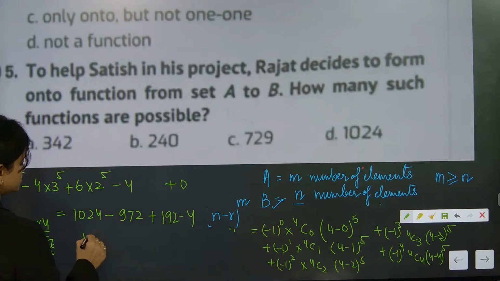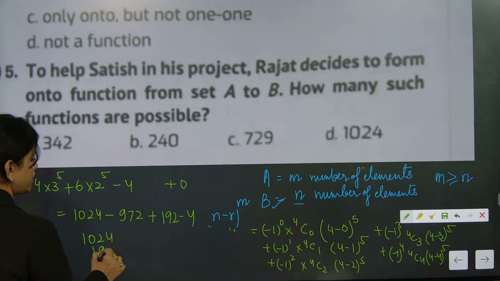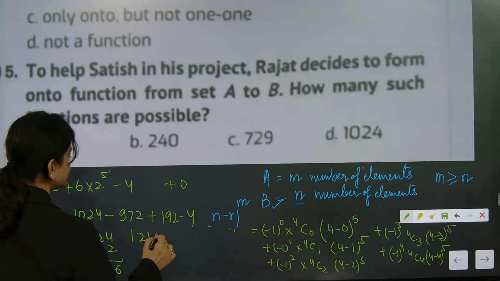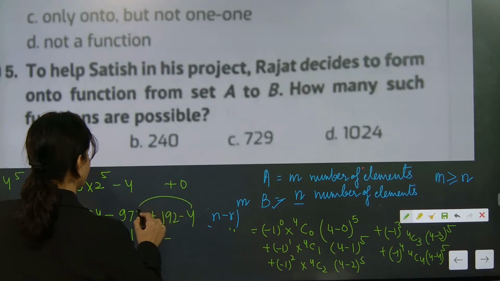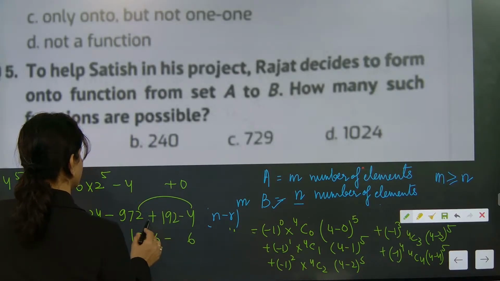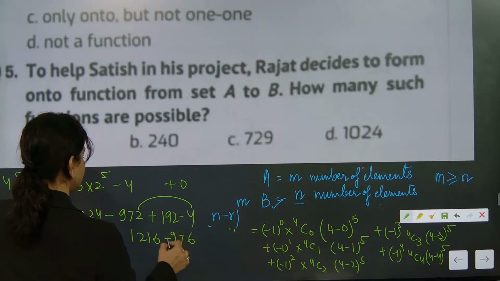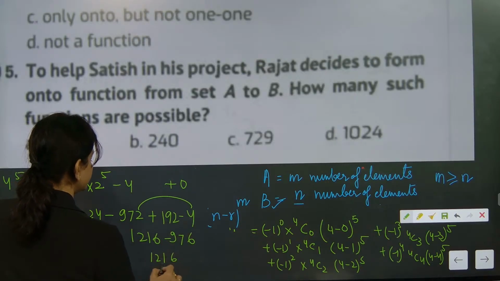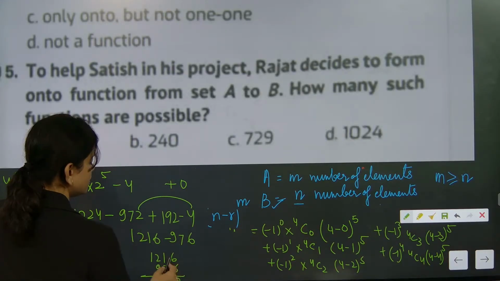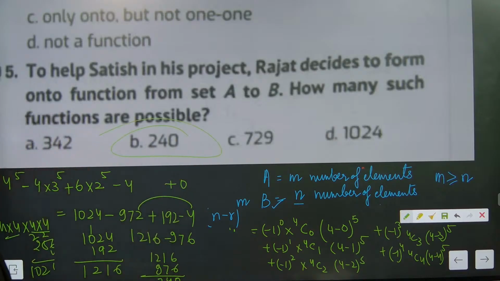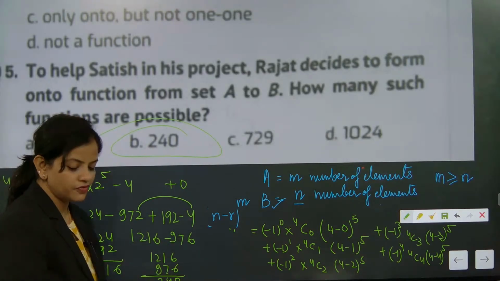So 1024, 192, it is 1216, minus 426 and here 976. Is there any 0 anywhere? Now 11 will become 4 and here 11 minus 9 is 2. After this much calculation, we are getting the answer.